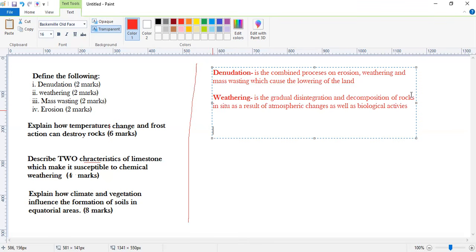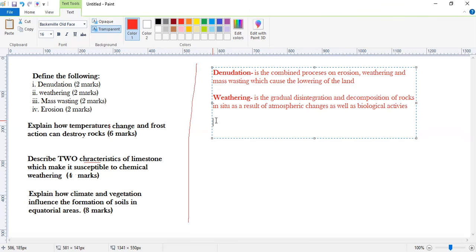We definitely cannot leave rocks out of the definition. We definitely want to talk about atmospheric changes and biological activities as the main causes of the process. And then disintegration and decomposition talks about how the process takes place.